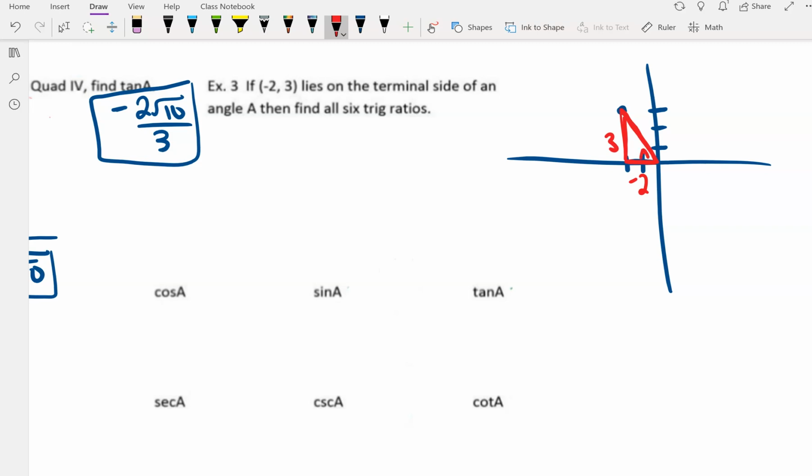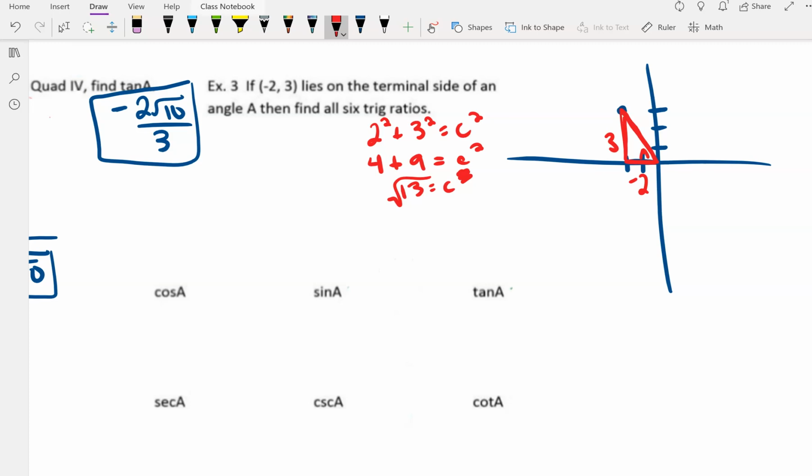All right, I need to find the hypotenuse of that triangle. So I'm going to use Pythagorean theorem. 2 squared plus 3 squared equals c squared. 2 squared is 4, plus 3 squared is 9 equals c squared. 13 equals c squared, so c equals root 13. And then we will use that to find all the different ratios.